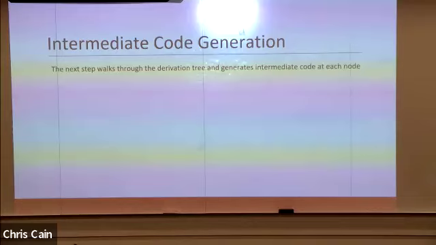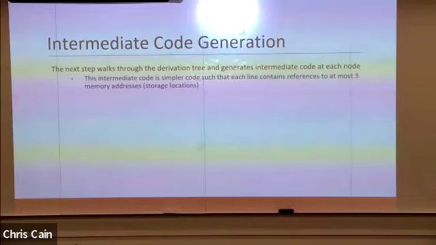So now we can actually go through that translation process. The intermediate code is simpler code, which is nice. Each line will contain references to at most 3 memory addresses. We see this a lot in assembly types of instructions. You don't get very long instructions in assembly.